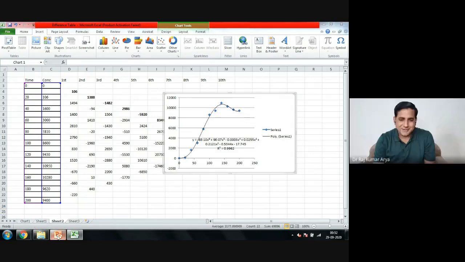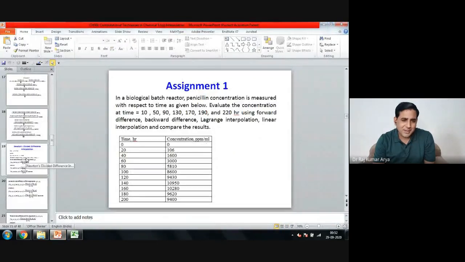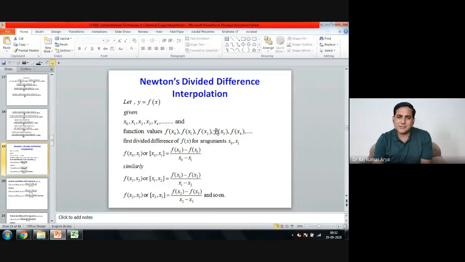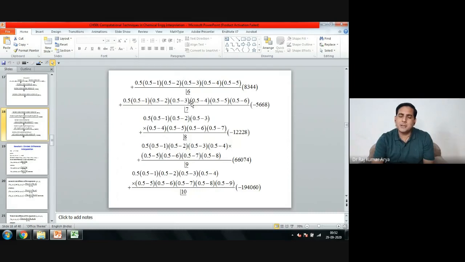Now after those techniques, one more is there, the divided difference interpolation technique. I hope you don't have any doubt. The only thing is that these need calculation: forward difference, backward difference, and the Lagrange. Now you are getting more and more calculations here. So here you have 10 data points, so you have 10 steps. If by chance you have done real practicals in a plant, or sometimes in simulation, you have many data points.